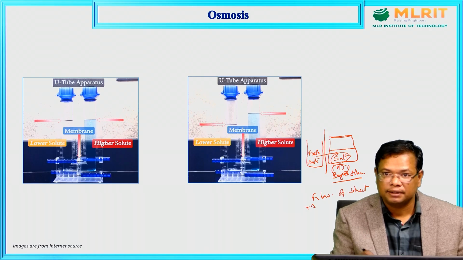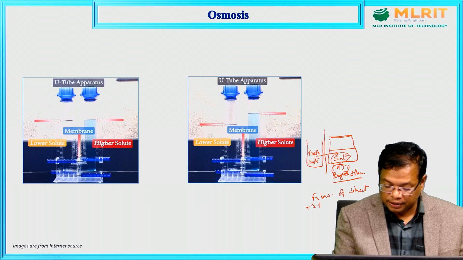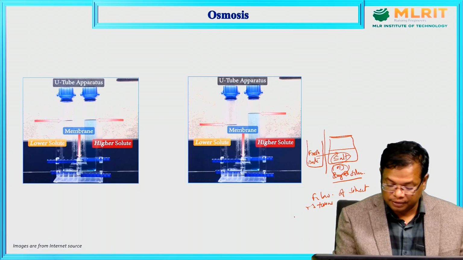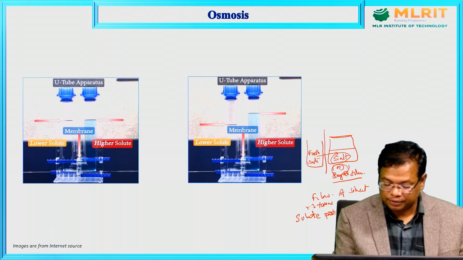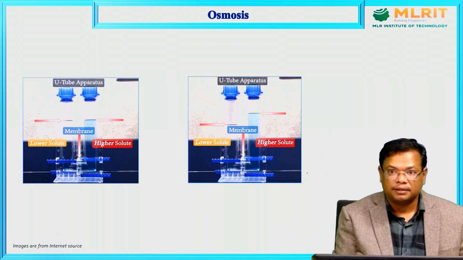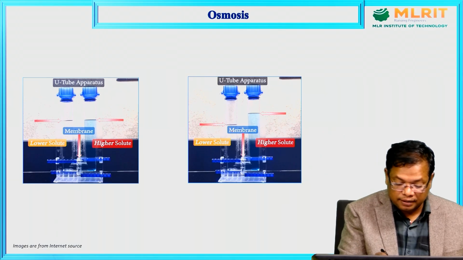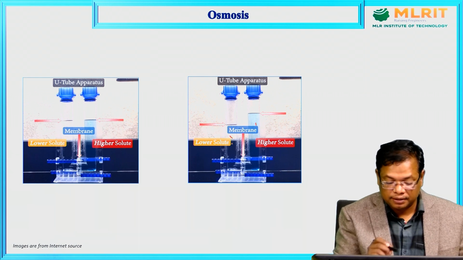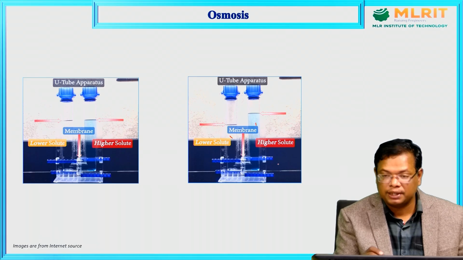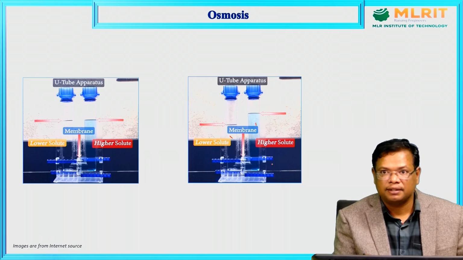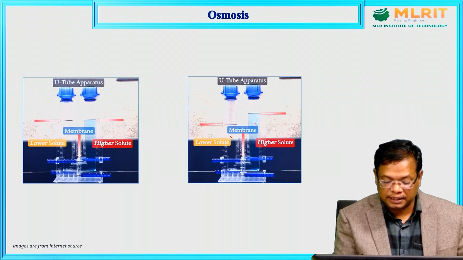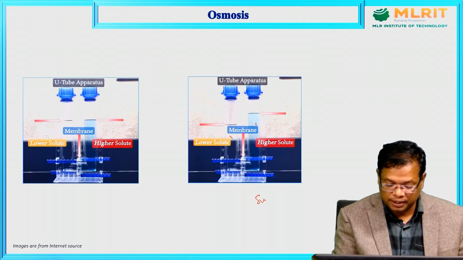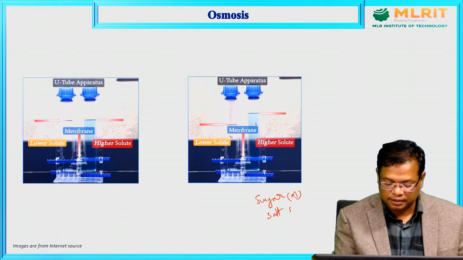because the flow of solvent is always towards solute particles, because the concentration of both should be equalized. So this solvent always tries to go towards the concentrated solution to dissolve the sugar molecules or salt substance.